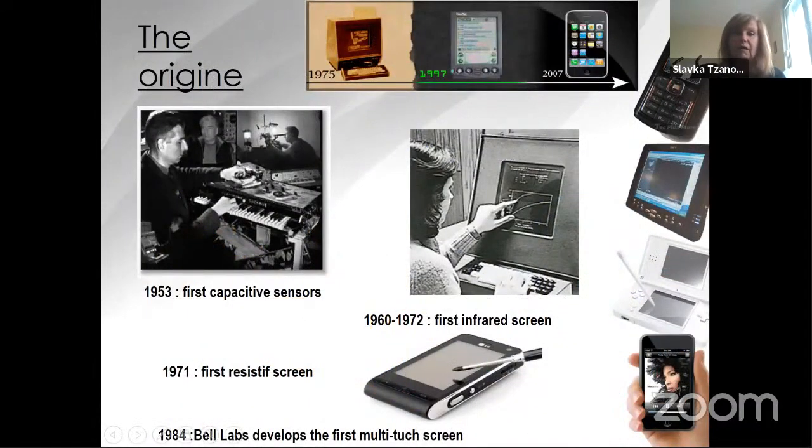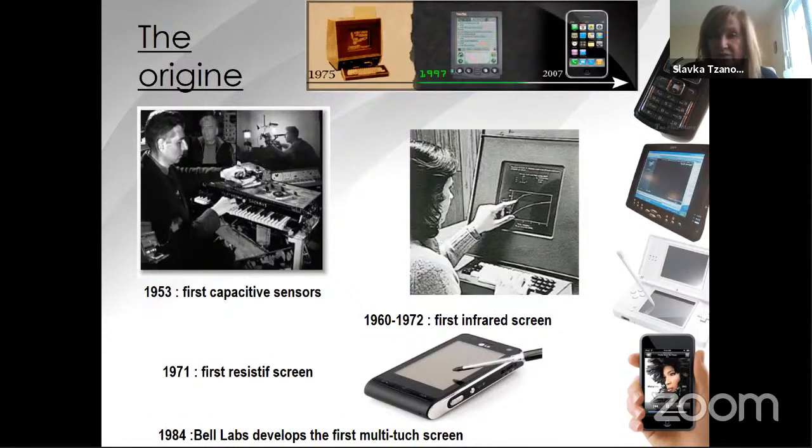The origin, in principle: there are two types, resistive touch screens and capacitive. In 1953, they started with the first capacitive sensors.